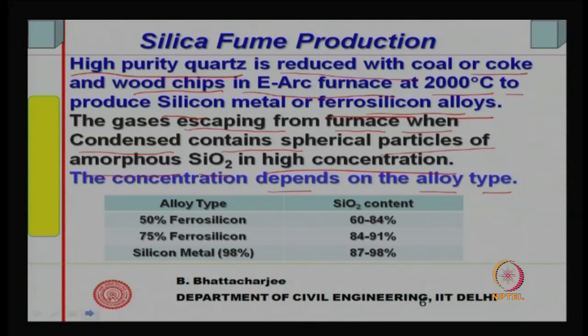For example, if you have 50% ferrosilicon, then you will have SiO2 content in the condensed silica fume of 60 to 84%. For 75% ferrosilicon, this will be 84 to 91%, and for silicon metal, 98% pure, you will have 87 to 98% of silica content in the condensed silica fume.